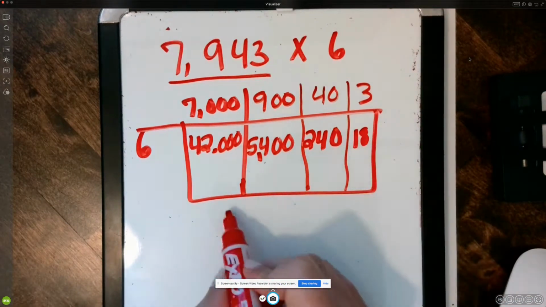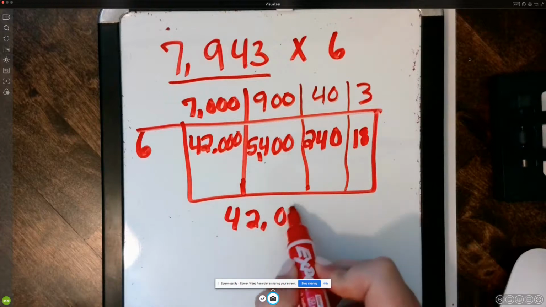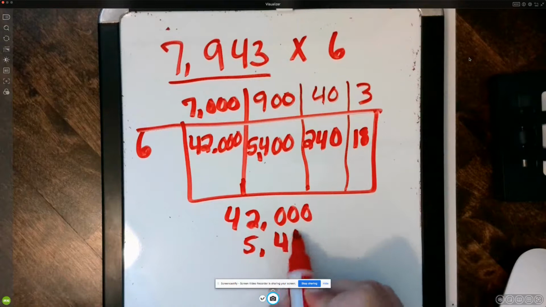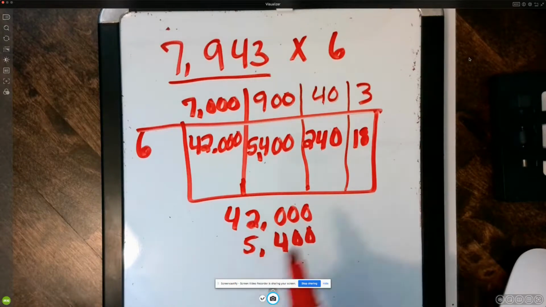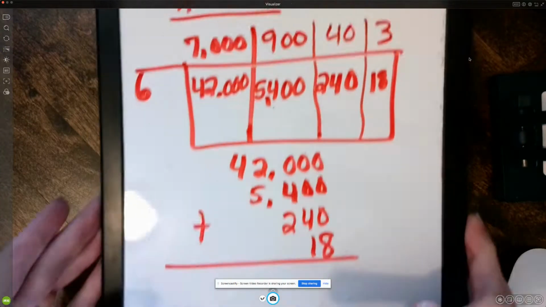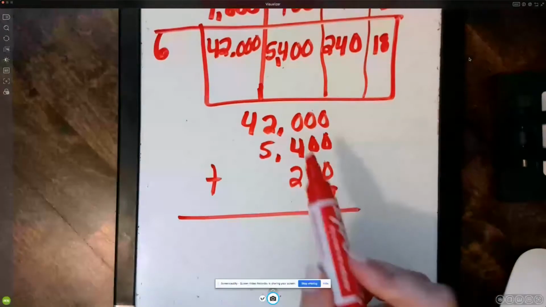Okay, so now I'm going to add them together to get my total answer. So I have 42,000 plus 5,400 plus 240 plus 18. It's important when you're adding up your partial products to make sure that you line them up correctly.